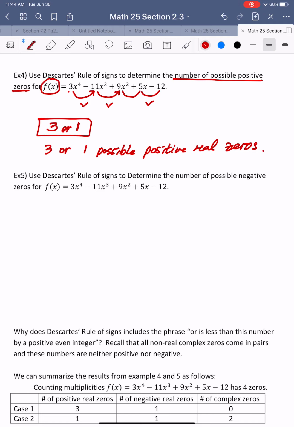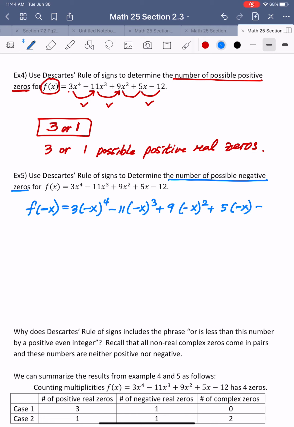Now the next problem, I'm looking for the number of possible negative zeros. So in order to get negatives, I have to use a negative x. So if you plug in a negative number for x, that's how you write it. And then of course we have to simplify. But the good thing is when you have an even power, negatives go away. So this is the same as 3x to the 4. But when you have an odd power, the negative stays.